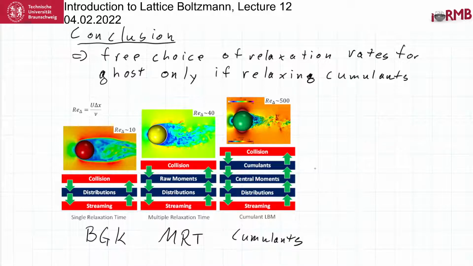If we do simulations at the same resolution, we can resolve much more. So this is always the same resolution, but we can resolve much more detail. Actually, if we go from BGK to MRT, we can resolve more detail. But if we go from MRT to cumulant MRT, we can simulate much more detail with the same resolution still.